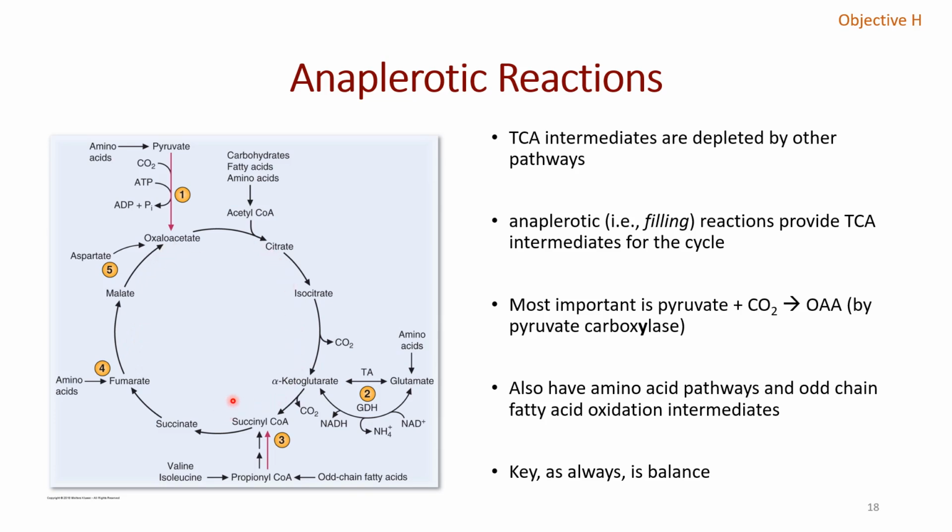And there are two main anaplerotic reactions that we'll see quite a bit. One of them is going to be pyruvate, which will become oxaloacetate, and the other is glutamate, which will become alpha-ketoglutarate. Although you could get amino acids making some other intermediates as well. But that will refill these pools and allow the TCA cycle to start running again.